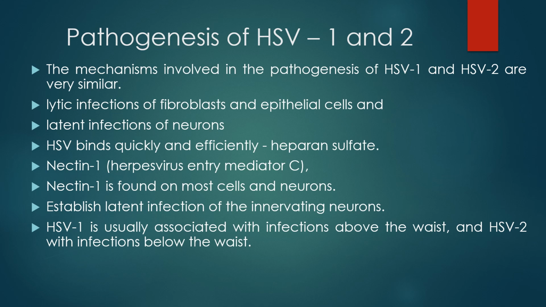Nectin-1 is found on most cells and neurons, and these viruses establish latent infection at the innervating neurons. HSV1 is usually associated with infections above the waist and HSV2 with infections below the waist.